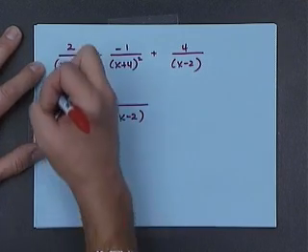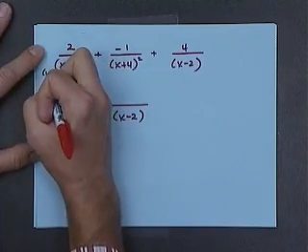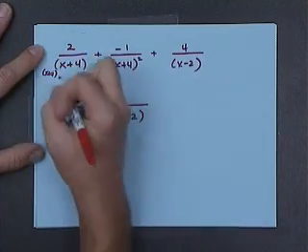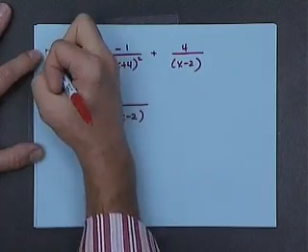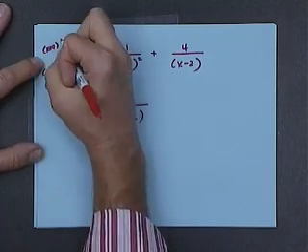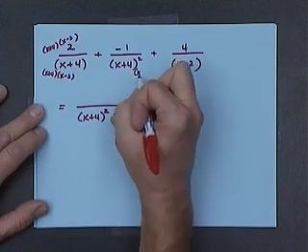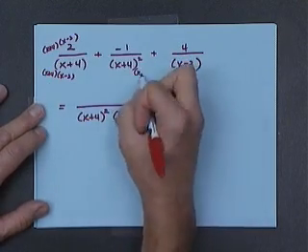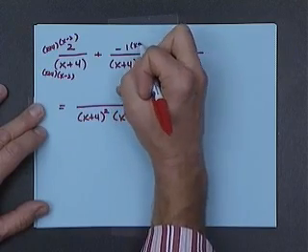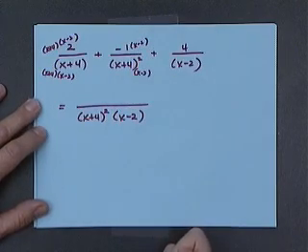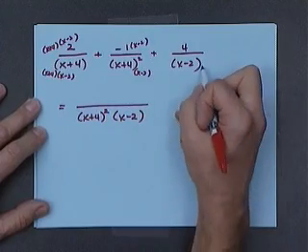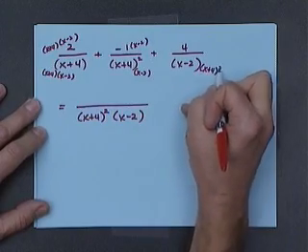We need to multiply by x plus 4 times x minus 2, numerator and denominator. How about the second fraction? It's got the x plus 4 squared, but it needs an x minus 2. And how about the last fraction? X plus 4 squared.